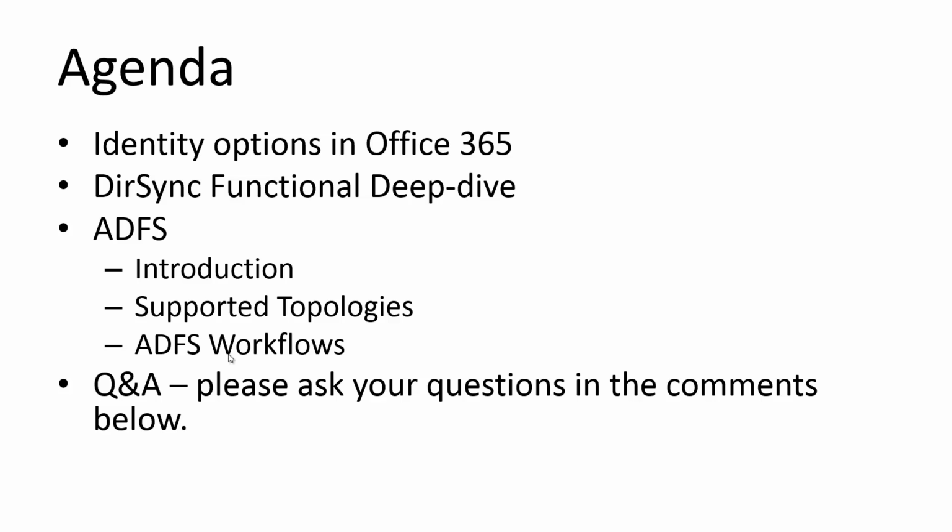I'll do a little deep dive into the DirSync functional part, so how it works, what you can do with it, and how you can do some troubleshooting. Because once you're really running into issues, you'll see lots of funky stuff happening, and it's always nice to know where you could start looking in DirSync itself.